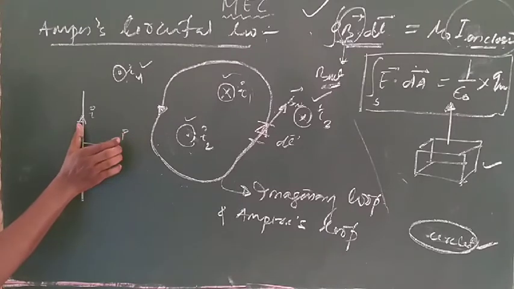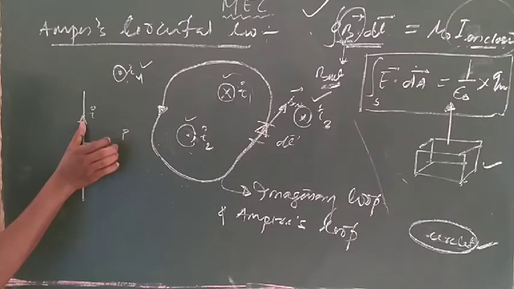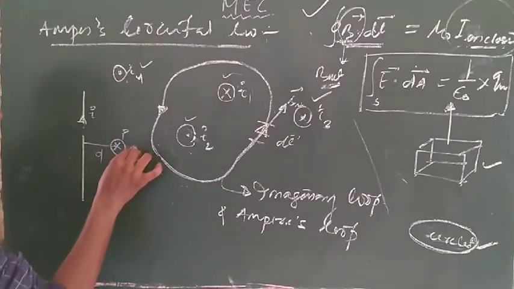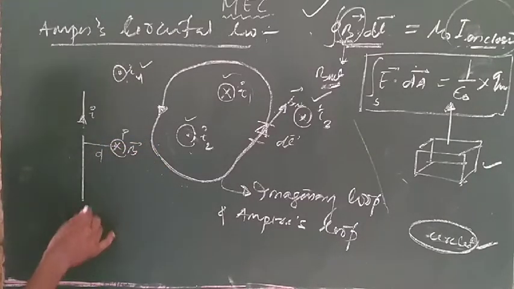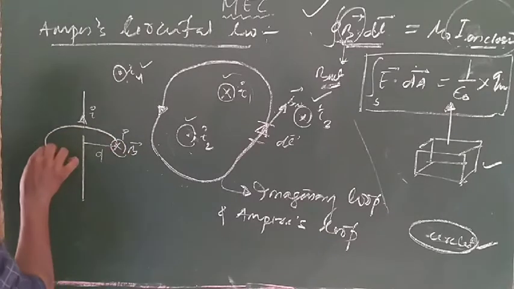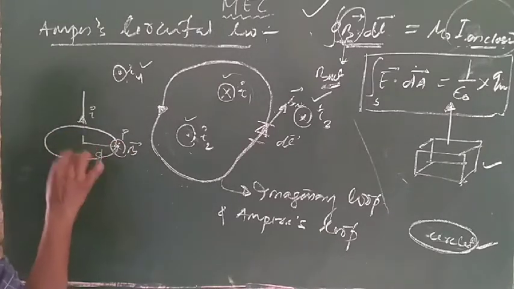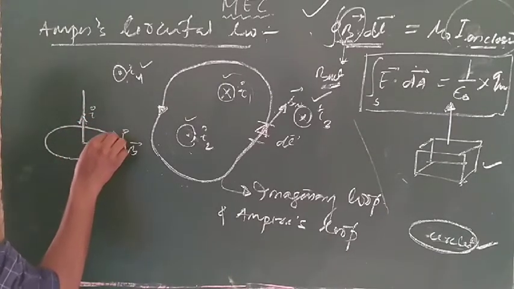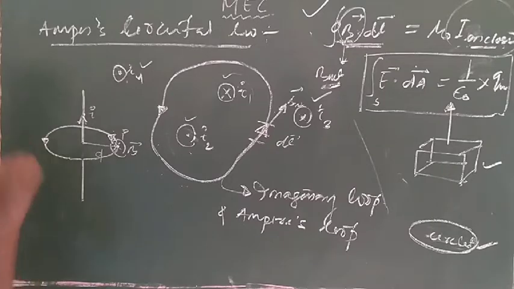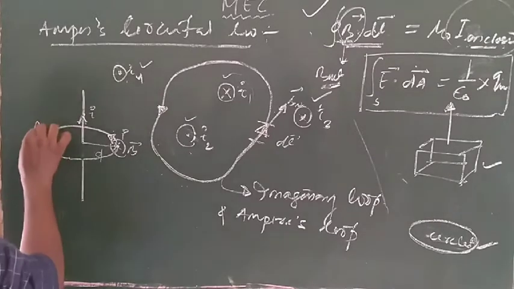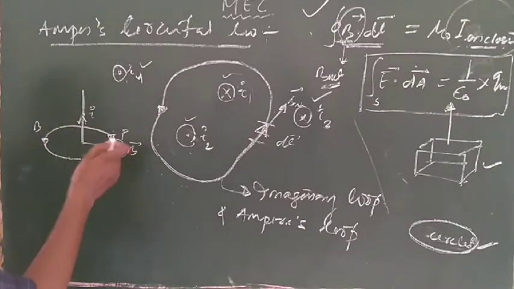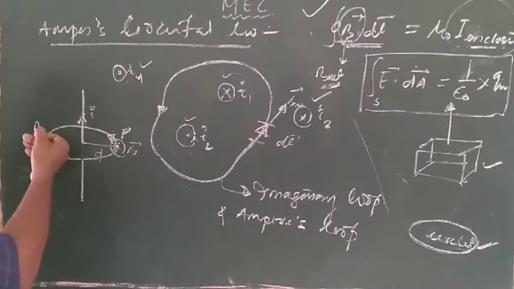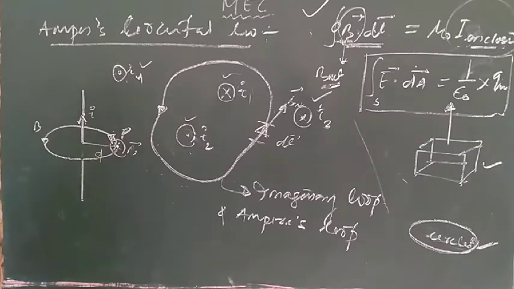The thumb indicates the direction of current and the fingers at point P show the direction of the magnetic field, which is inward. At point B the magnetic field is in the outward direction, but at point P it is inward. Clear?